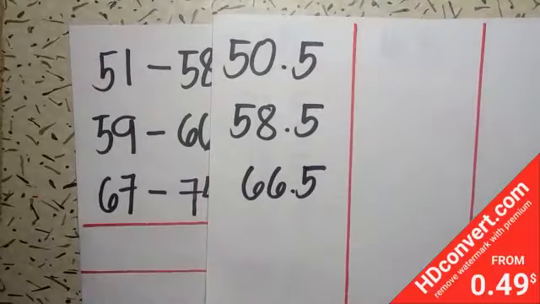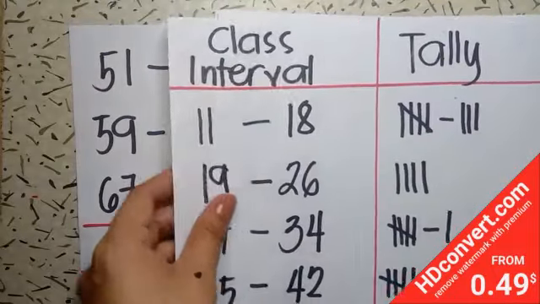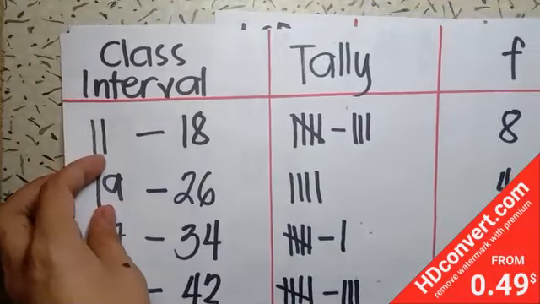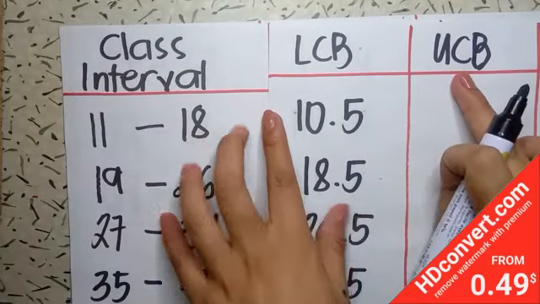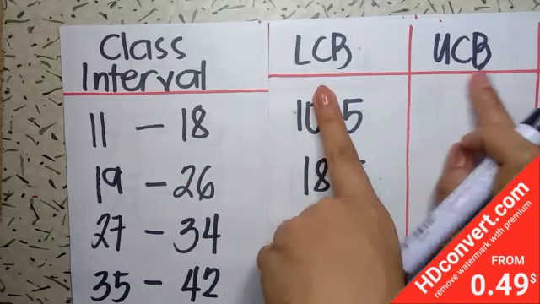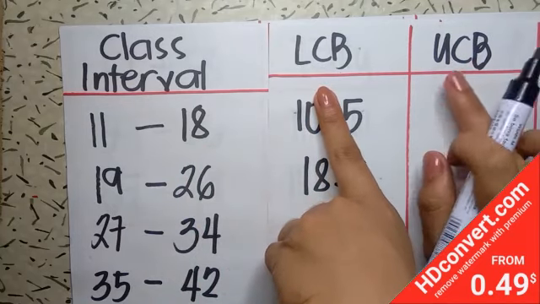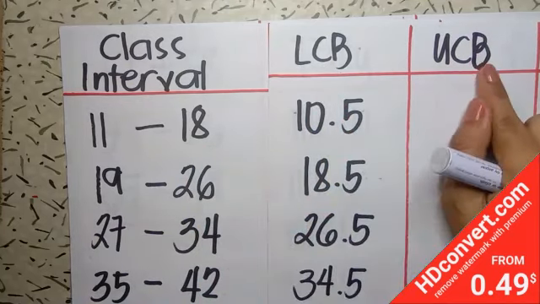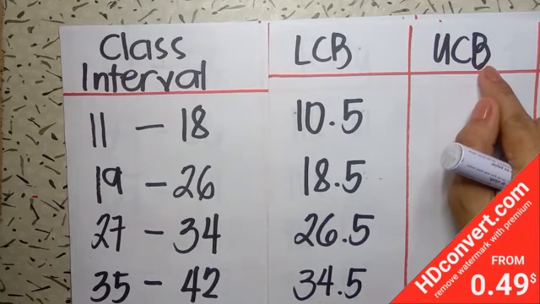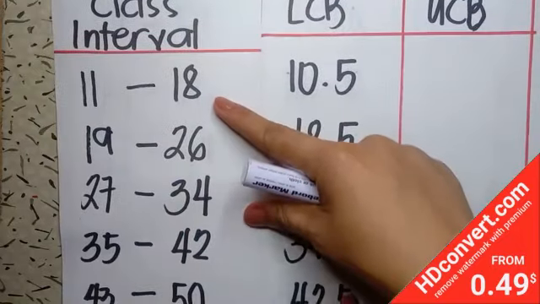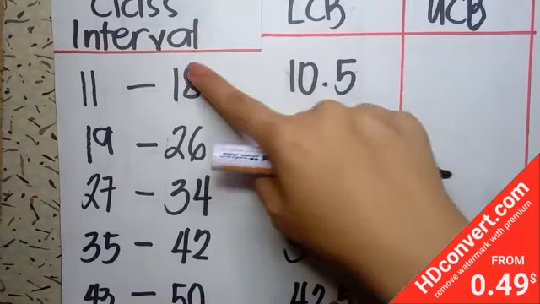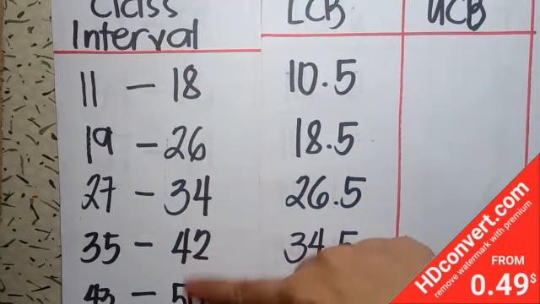Then next ay, punta na tayo sa upper class boundary. Kung kanina dito sa LCB nag-minus tayo, dito sa upper class boundary, magpa-plus 0.5 tayo sa upper limit. Asa na ulit yung upper limit dito? Ito po yung upper limit.